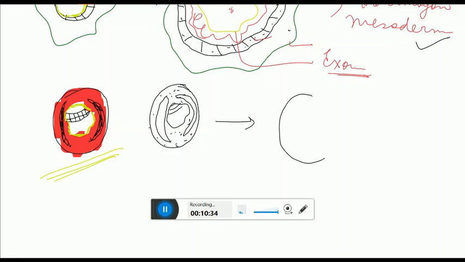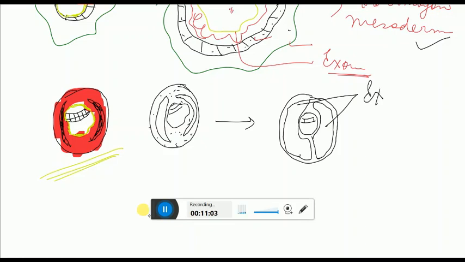This will continue splitting, that is, the cavity will continue to grow. Here you can see a large cavity has been formed.